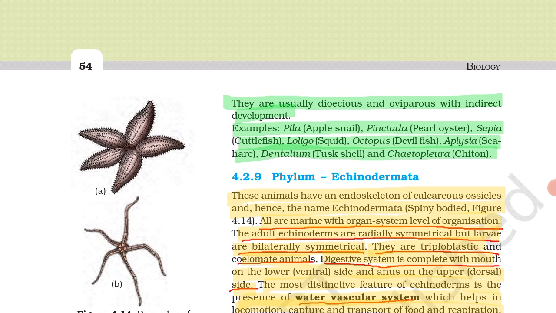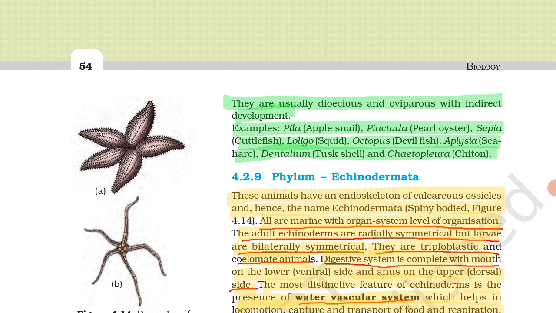Octopus, devilfish. Aplysia, sea hare. Dentalium, tusk shell. Chiton, chiton. These are the examples of this phylum.